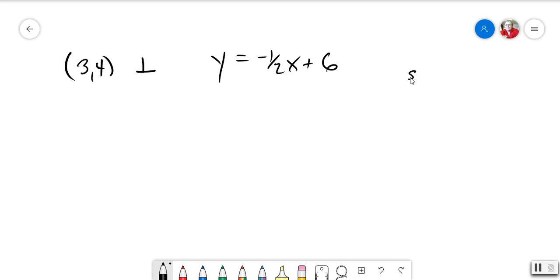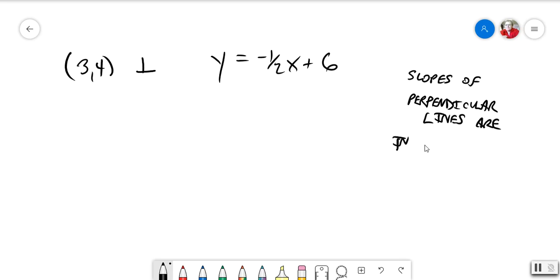Well, the slopes of perpendicular lines are inverse reciprocals.